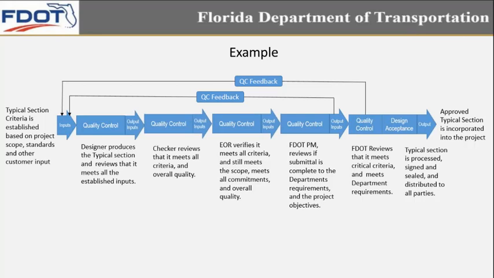At the earlier stage, a lot of people might have been very focused on the scope and the objectives, and forgot a few of the very detailed aspects of the criteria that need to be met, which can often result in that loop of it going back through another iteration before it makes it back to design acceptance.